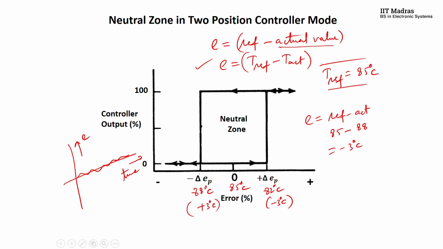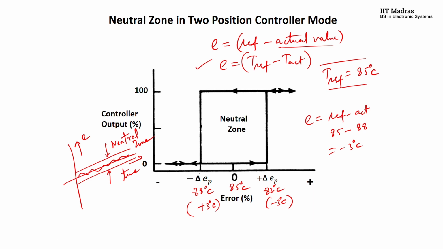Then this is the band which I am talking about, and this band is the neutral zone. Let me put this here: neutral zone. So this band would be called a neutral zone.